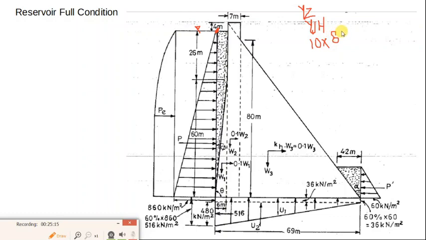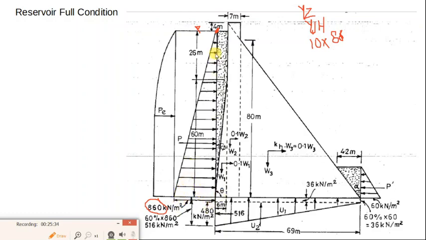It will give you a total value of 860. So 860 will be the total water pressure at the base. It is not the resultant.